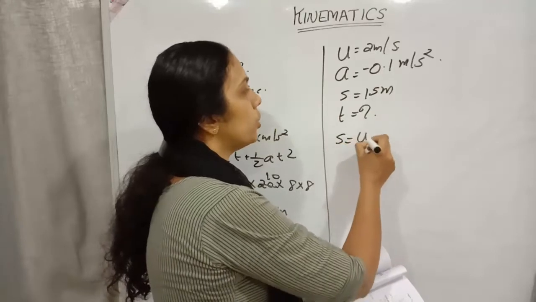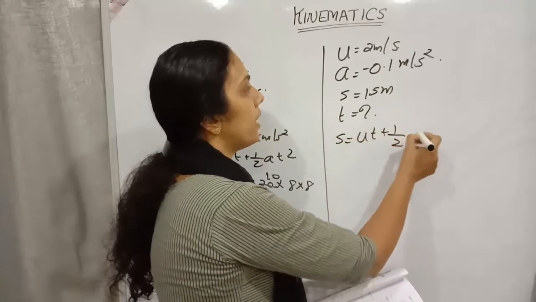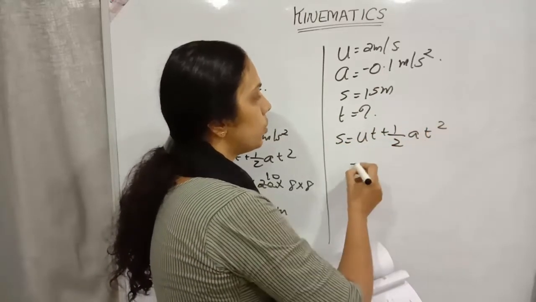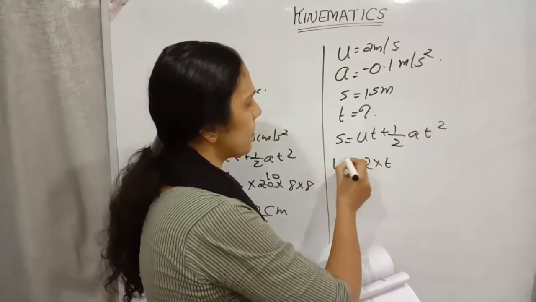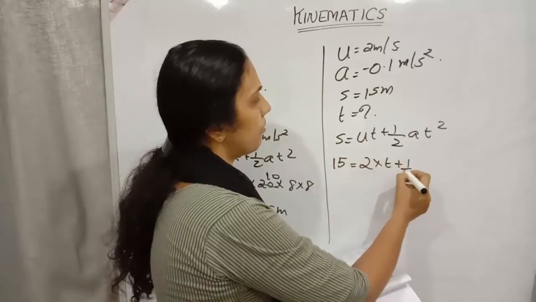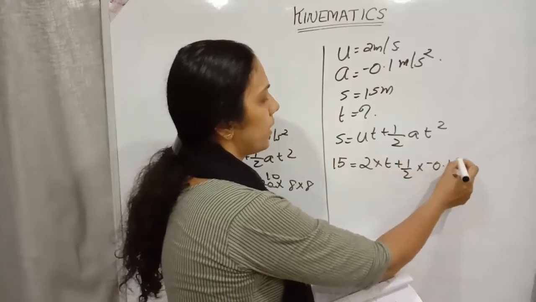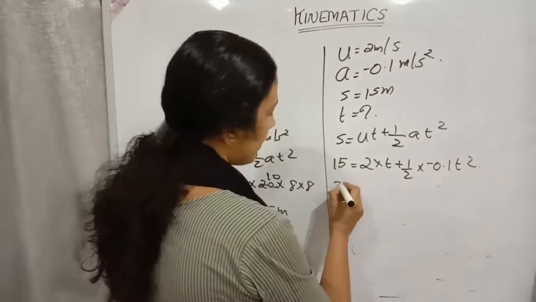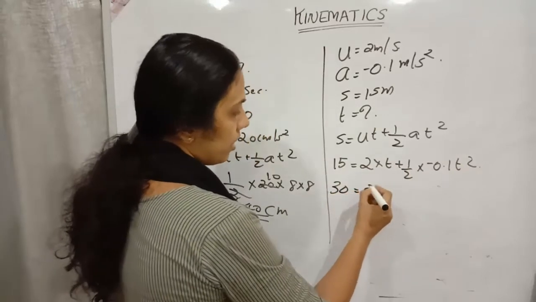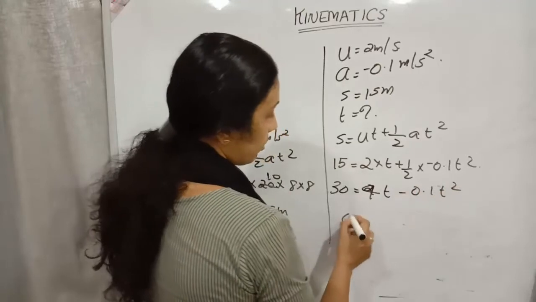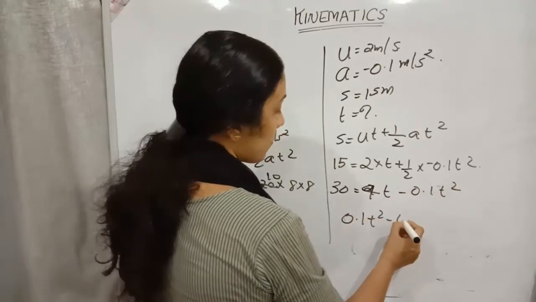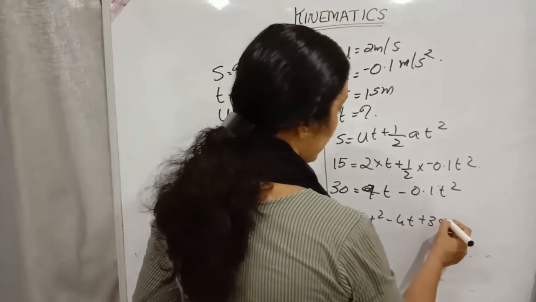S is equal to ut plus half a t square. U is 2, so 2 into t. S is 15, plus half into minus 0.1 t square. Here it is 30 equals 4t minus 0.1 t square. Therefore 0.1 t square minus 4t plus 30 equals 0.